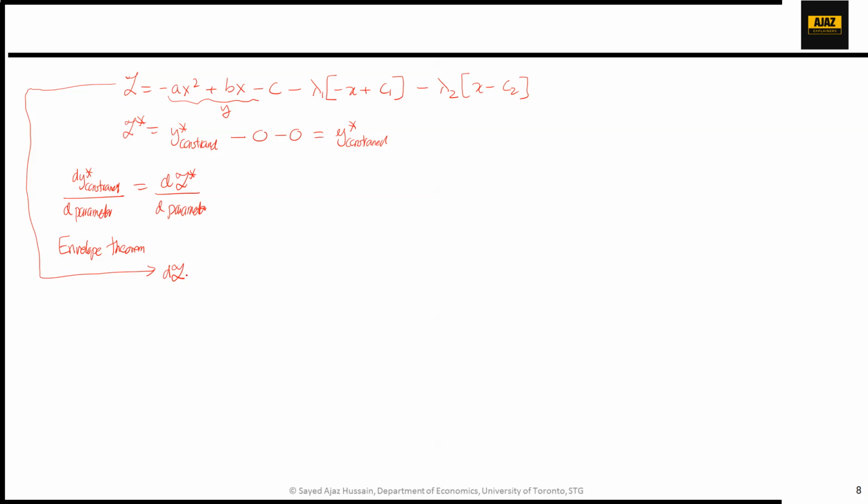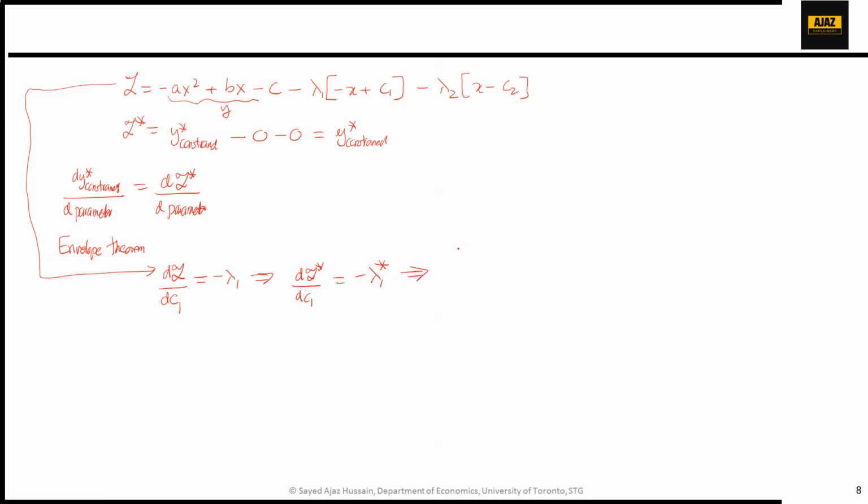So for example, if you want to know how y star changes when c1 changes, you would differentiate the Lagrange equation, or original Lagrange equation, with respect to c1. And you can see when you differentiate with respect to c1, the answer is going to be minus lambda 1. That means the change in L star over the change in c1 is minus 1 times lambda 1 star.